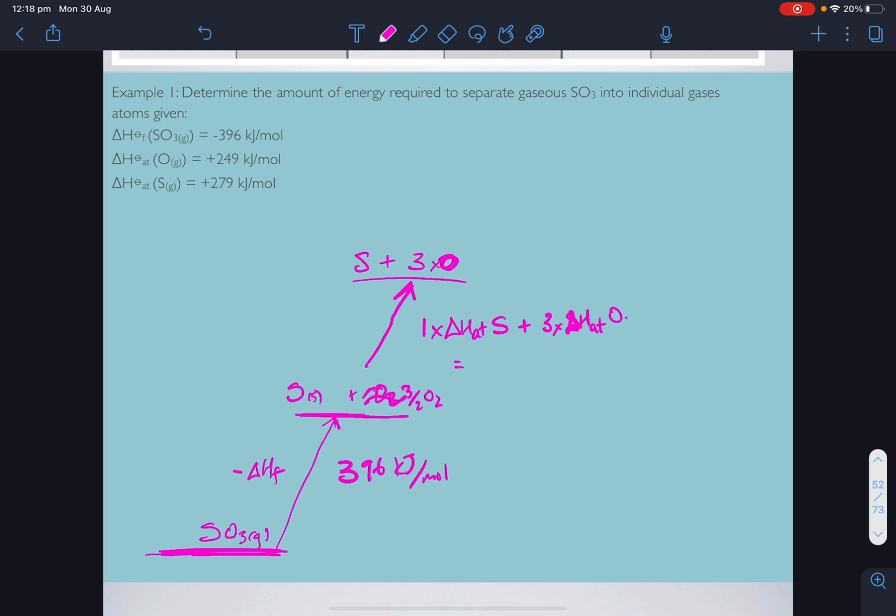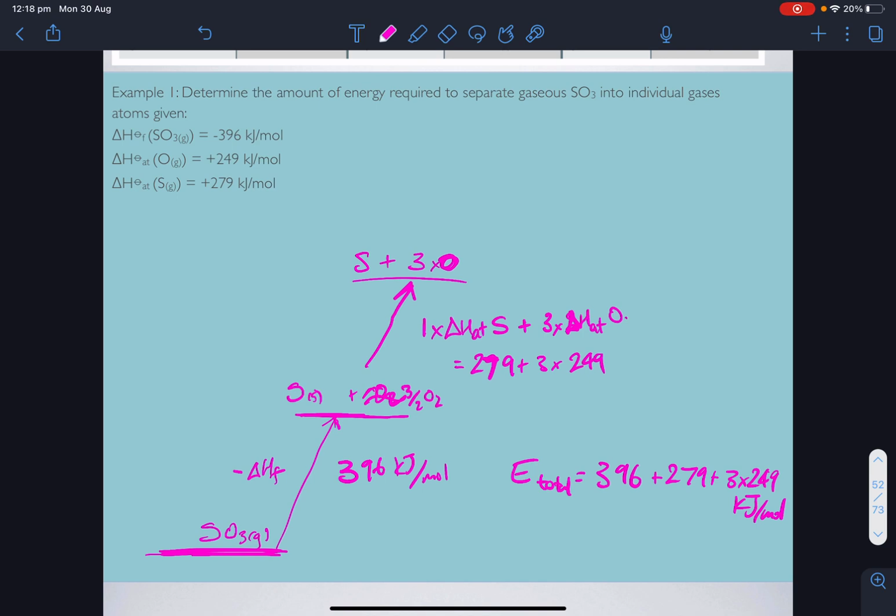So that equals sulfur 279 plus 3 times 249. So E total equals 396 plus 279 plus 3 times 249 kilojoules per mole.